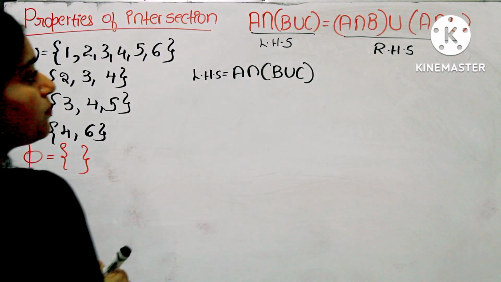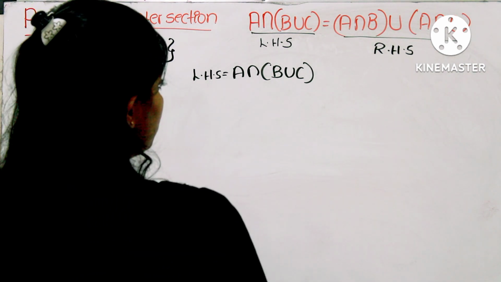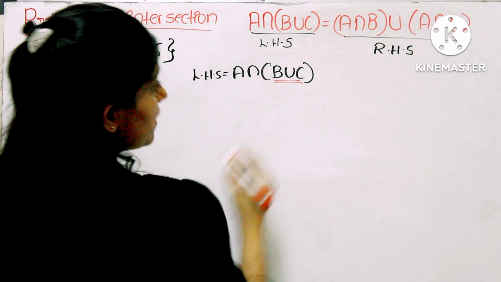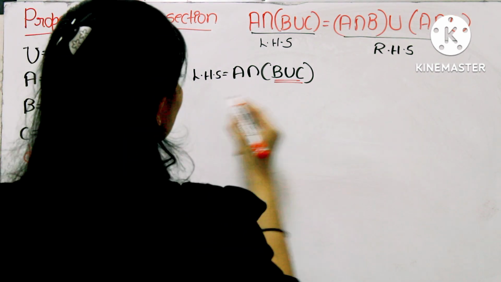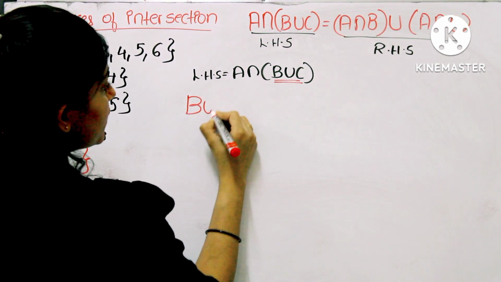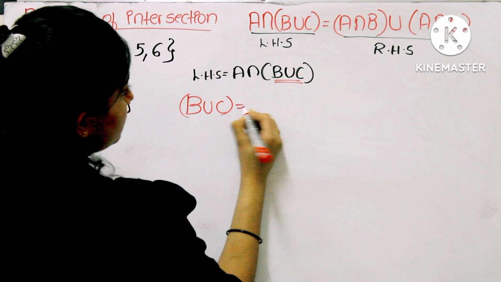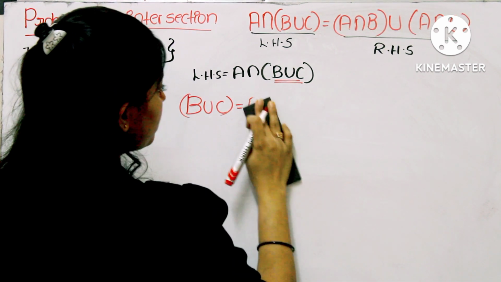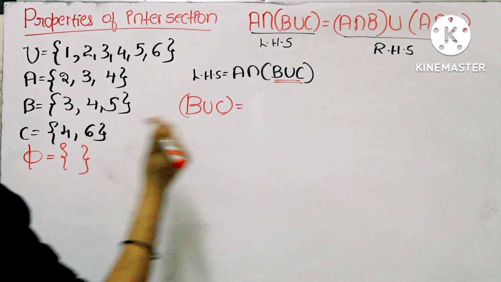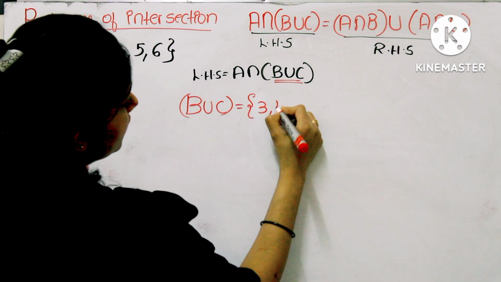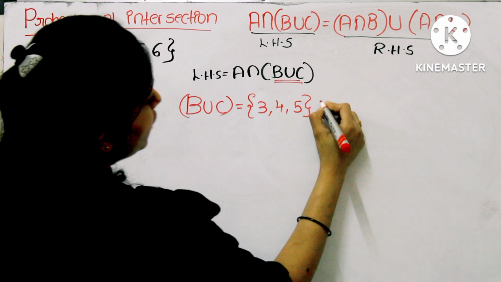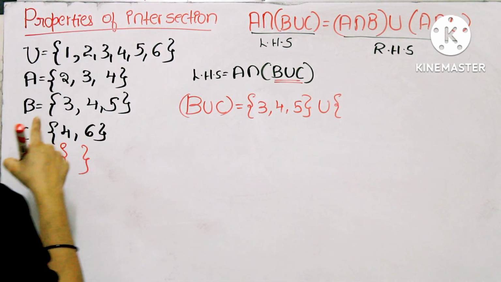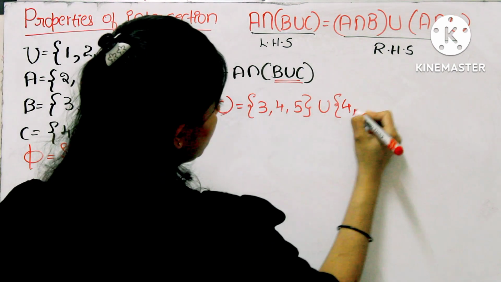First we should solve the one in the bracket. So B union C. What is B union C? First we should take B. What is the value of set B? 3, 4, 5. So write {3, 4, 5} union C. What is C? 4, 6.